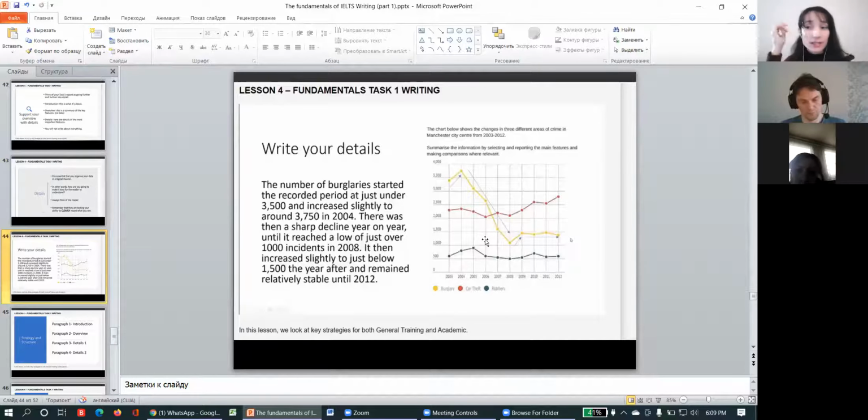An example of a detail. The number of burglaries, this is already details, okay? It's not the overview. The number of burglaries started the recorded period at just under 3,500. You see, 3,500, okay? Under.